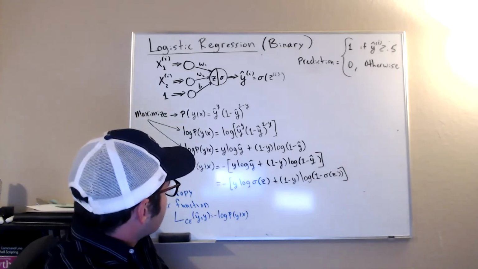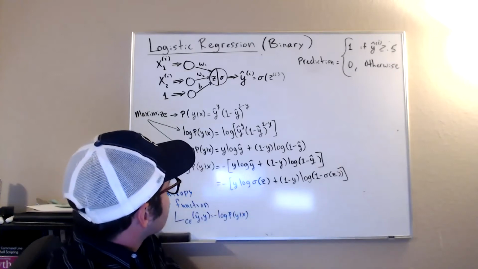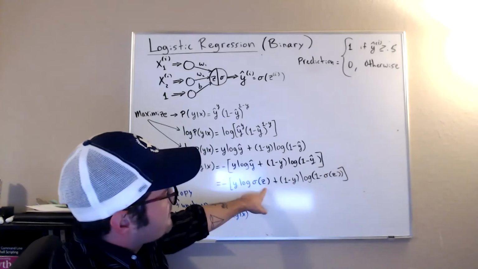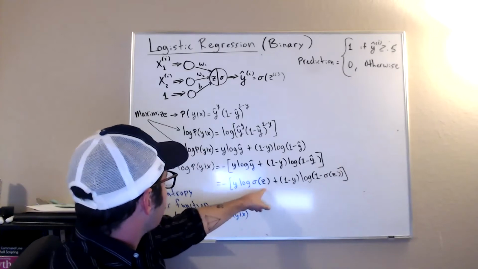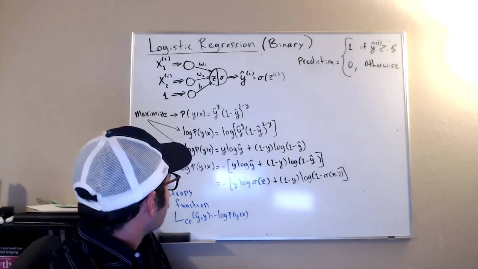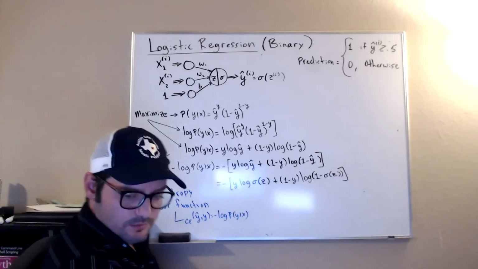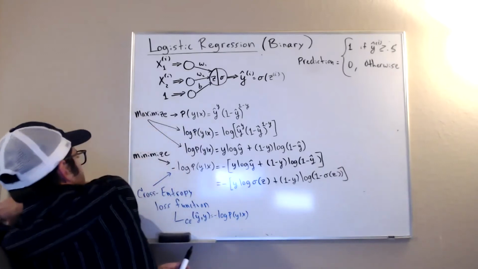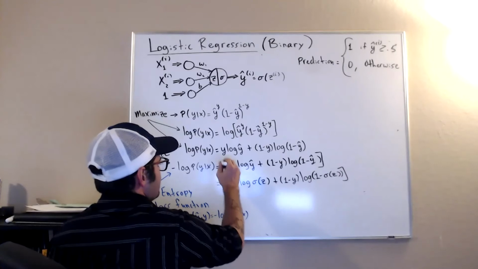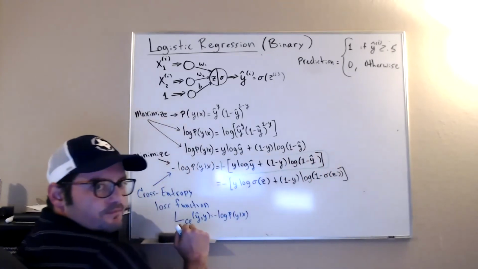And finally, if we replace z by its linear combination form, we'll have the final thing that we want. So notice this version right here is in terms of y and y hat, right?